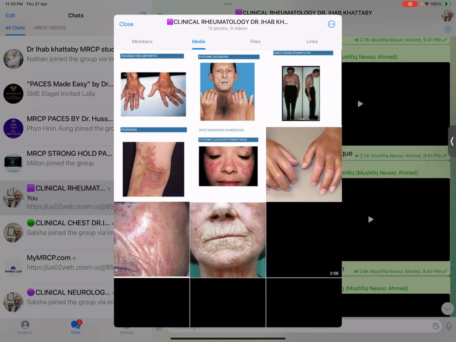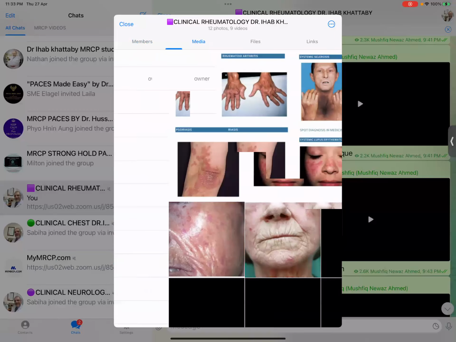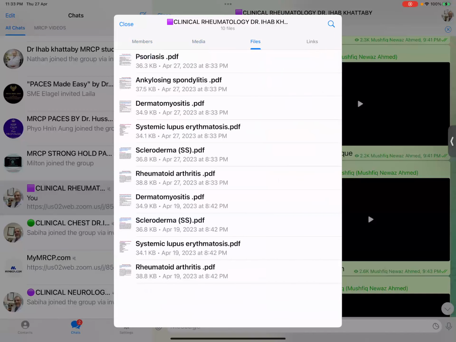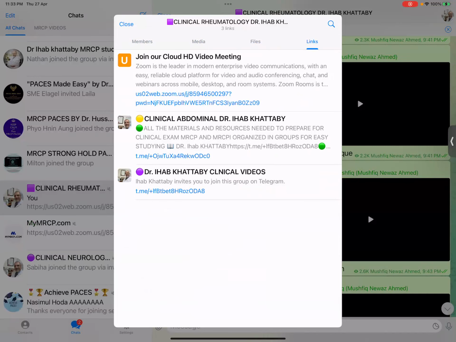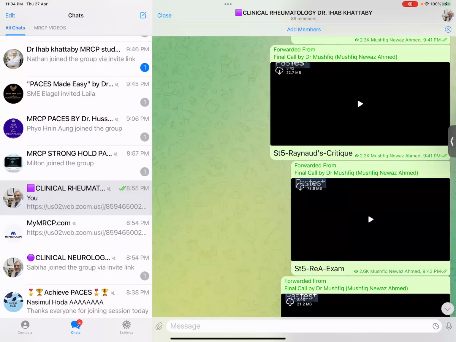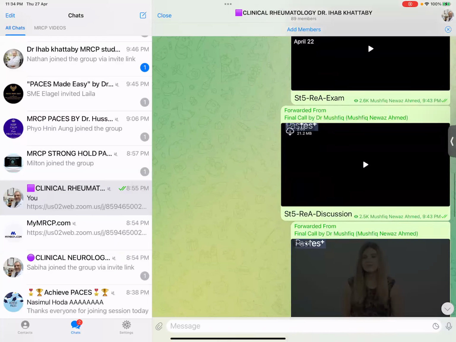So here in Telegram, you can upload books and videos with high capacity, and you can get the previously loaded material. That's why here you will find media, files, and links. So I hope you will check your application, whether it is working like this or not, and tell me if there is a problem.